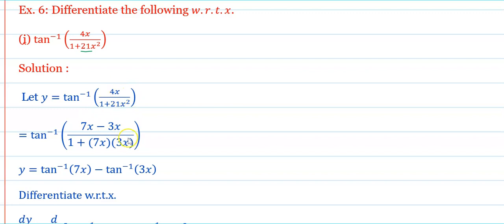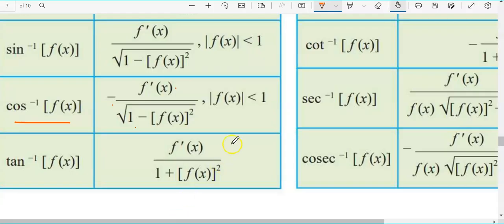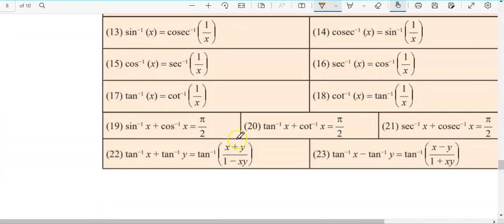Does this make any difference? No. But we want the formula that tan inverse of (x minus y) upon (x into y) equals tan inverse of x minus tan inverse of y. Also you can see the list of formulas that I had given here lastly. Tan inverse of x plus tan inverse of y equals tan inverse of (x plus y) upon (1 minus x into y).